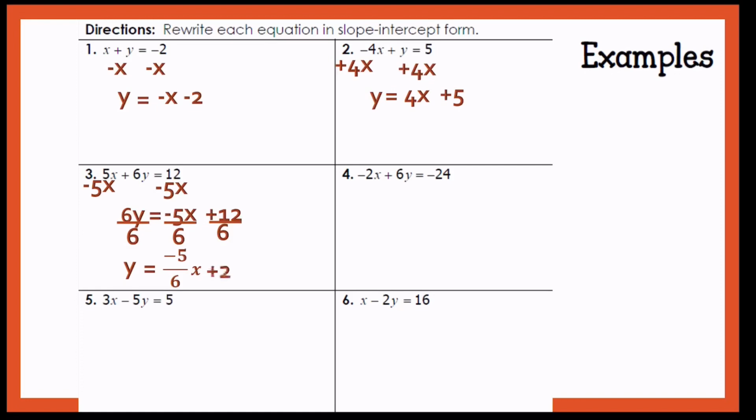And my y-intercept, which would be b equals 2. Okay? So we're going to be looking for this, the m equals, b equals, on numbers 1, 2, and 3. Now I want you to finish 4, 5, and 6 on your own, showing the steps just like I did, and writing m equals, b equals. That needs to be on every single one here.